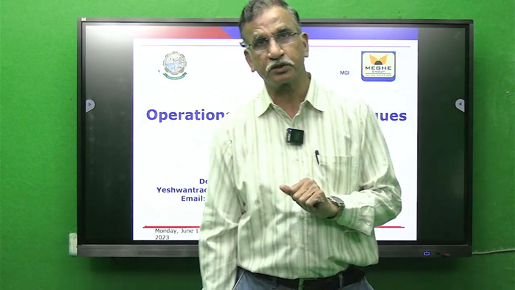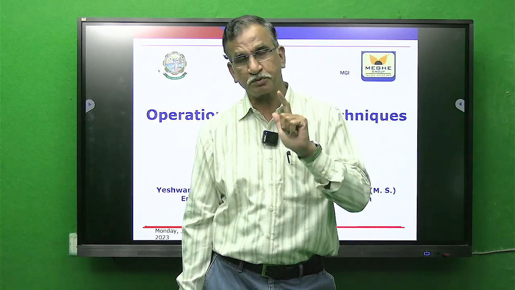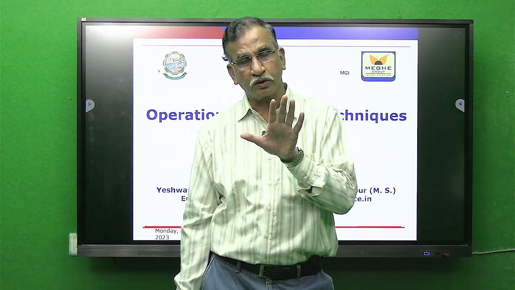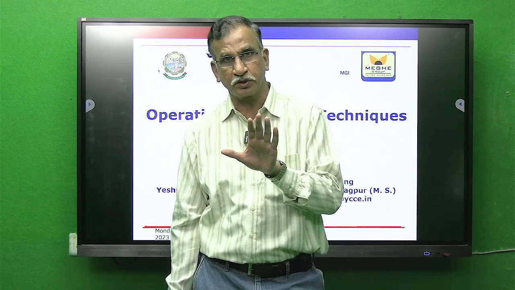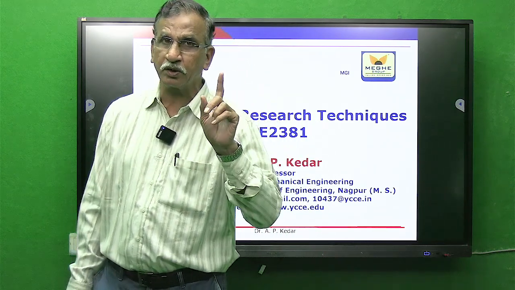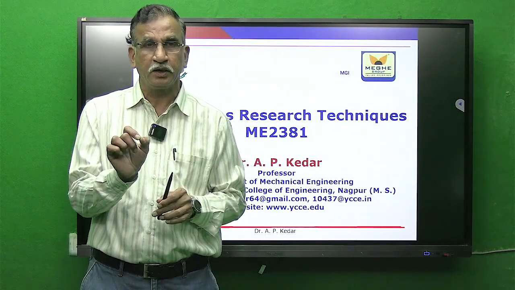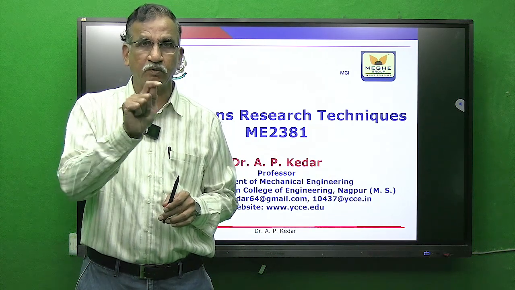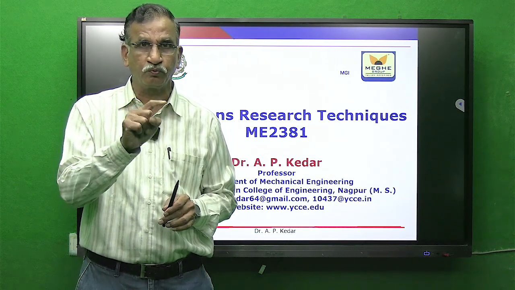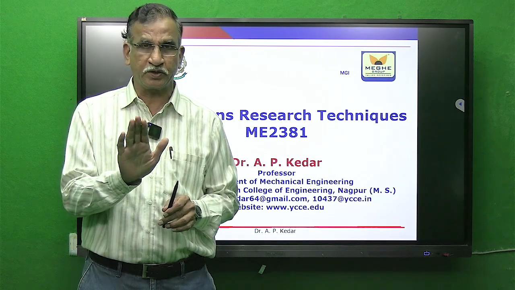In the last problem we drew the network from a logical relationship, and in that particular problem activities were mentioned in terms of event numbers, like 1-2, 1-3, 1-4, 2-3, 2-4, in that fashion.